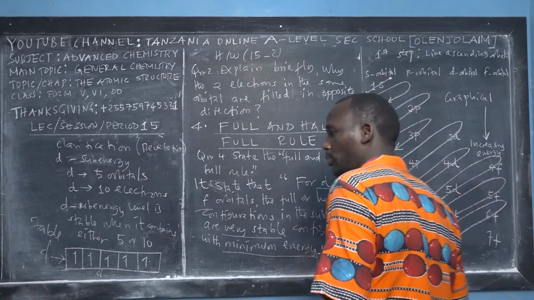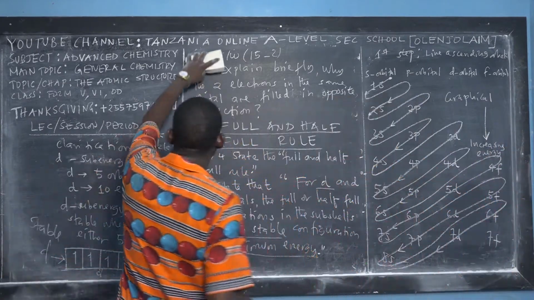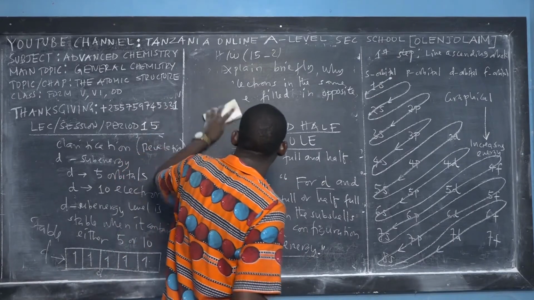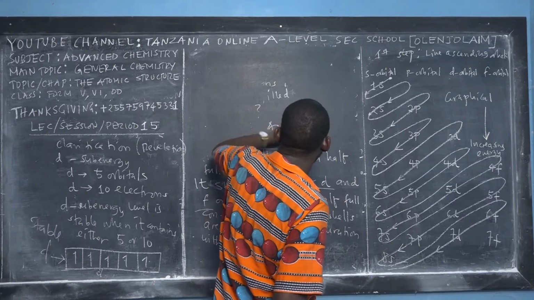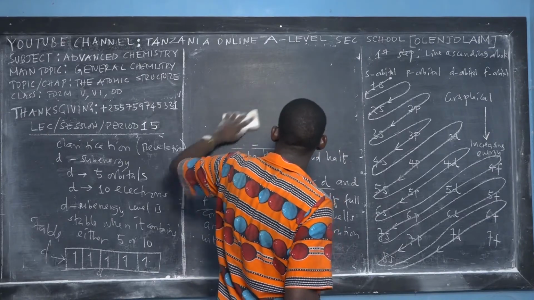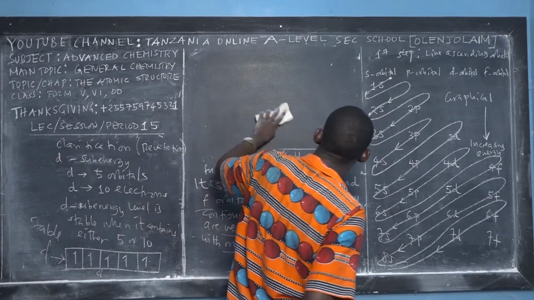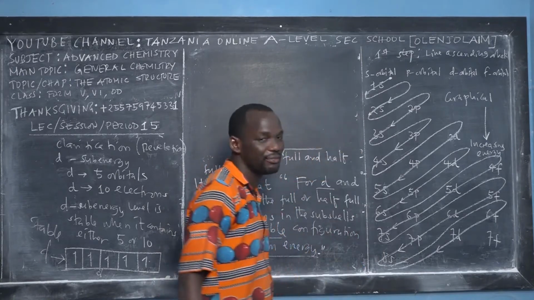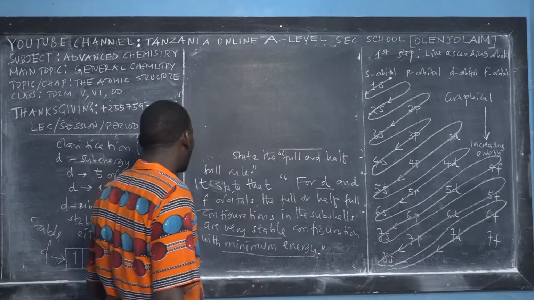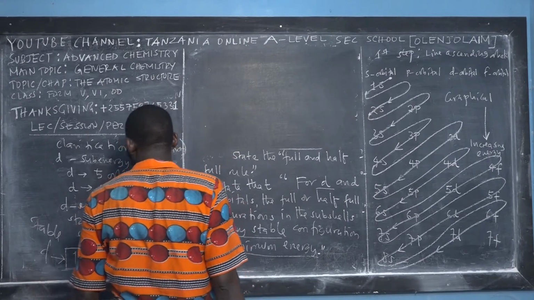I gave you 2 questions in the homework that also clarify Hund's rule. This is the full and half full rule.